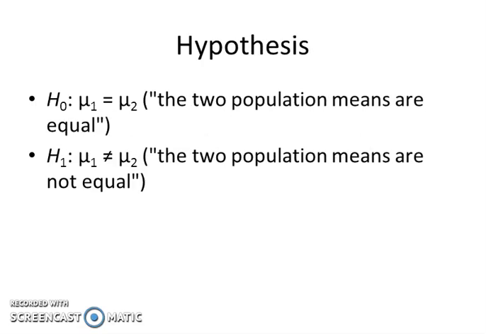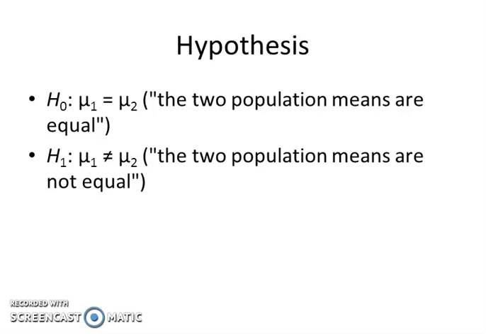Before we move further, just understand the hypothesis also. The hypotheses of independent sample t-test are very simple. The null hypothesis, H0, says that both the means are equal; there is no difference between the mean of both the groups. But the alternative hypothesis says there is a significant difference between the mean of two groups.